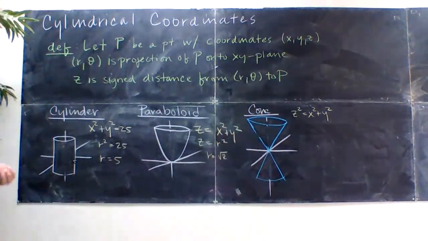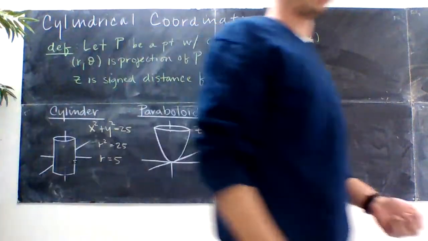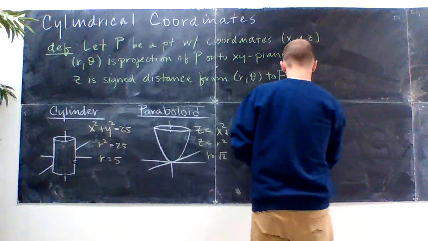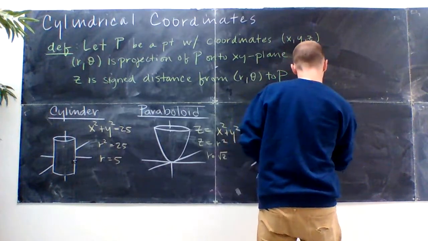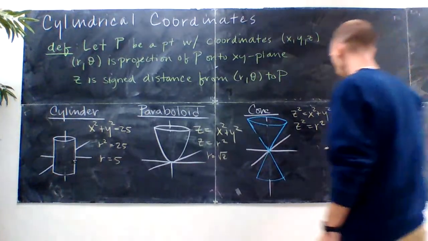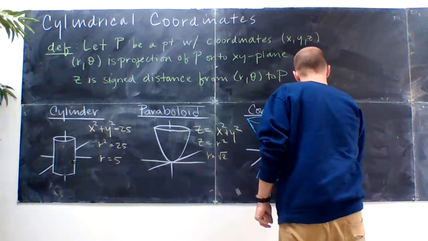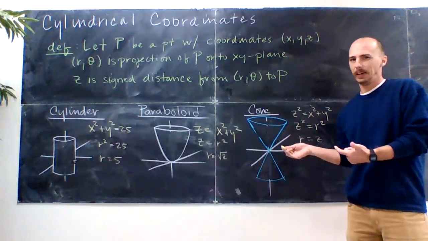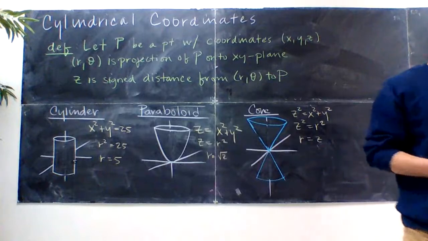Okay, so again, if I've got z squared equals r squared, then z could be r or z could be negative r. But I'm just going to say that r is equal to z because, for each of these cases, we end up tracing out the same image.